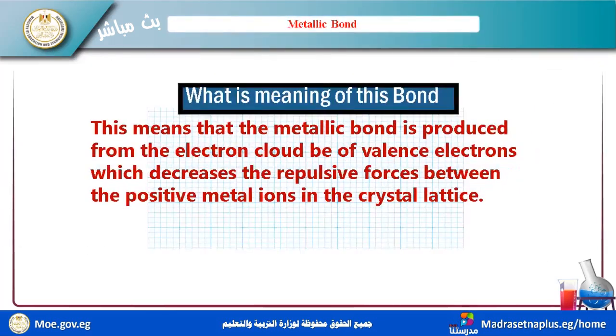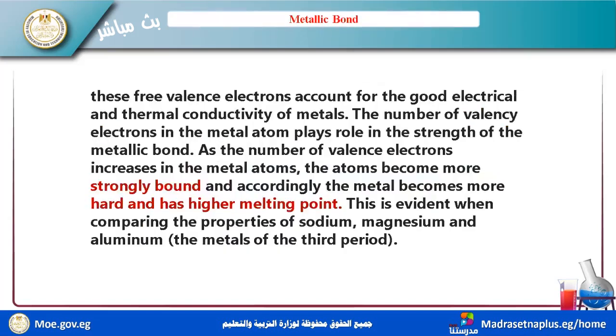This means that the metallic bond is produced from the electron cloud of the valence electrons, which decreases the repulsion force between the positive metal ions in the crystal lattice. These free valence electrons account for the good electrical and thermal conductivity.